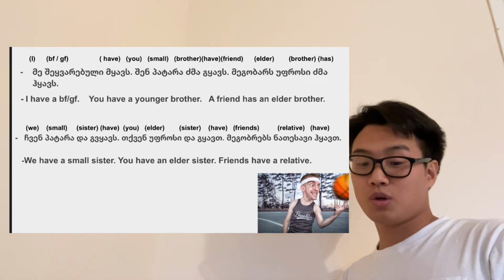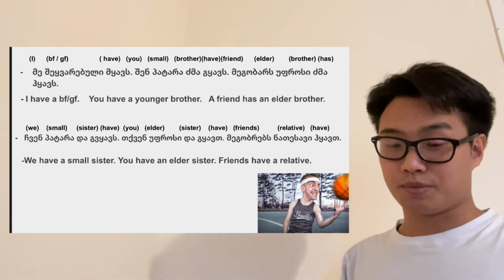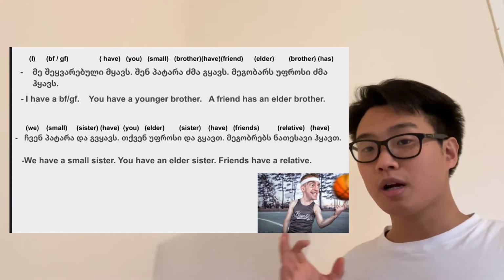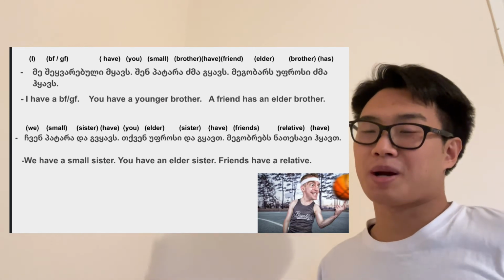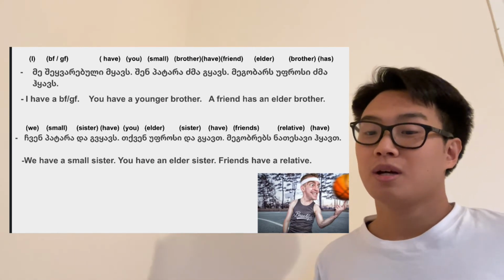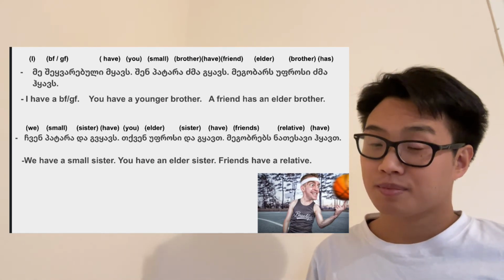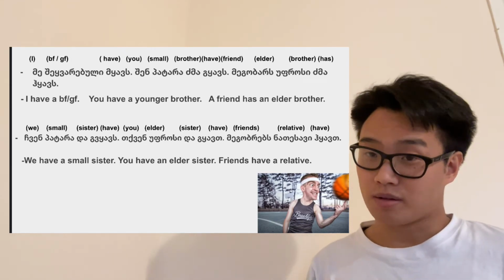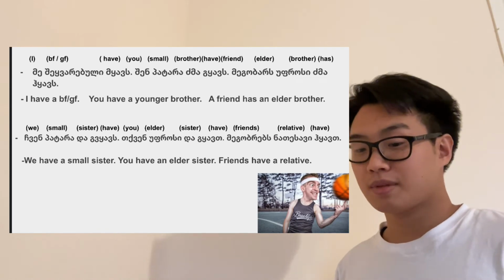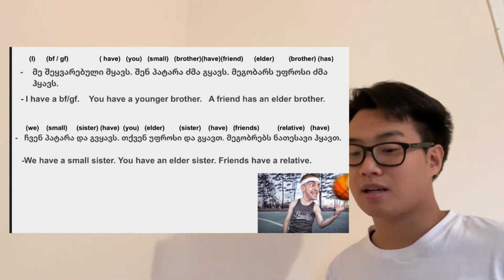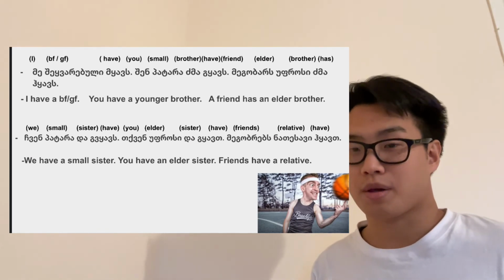And next, you have a younger brother. Shen, younger brother, Atara, small, Zma, brother, Atara Zma, younger brother, Shen Atara Zma Luqaus. You have a younger brother, little brother. And next, a friend has an elder brother or older brother.